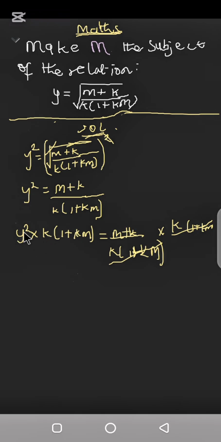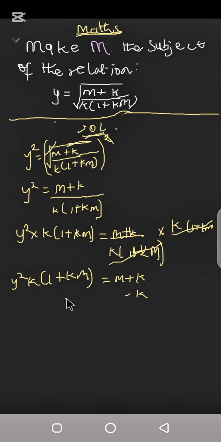So this one, y squared times k, is the same thing as y squared k. This is in the bracket, 1 plus km, and this is equal to m plus k. Remember, we want to rescue one thing at a time. So to make this m stand alone, I have to eliminate this plus k here. The reverse operation is minus k.